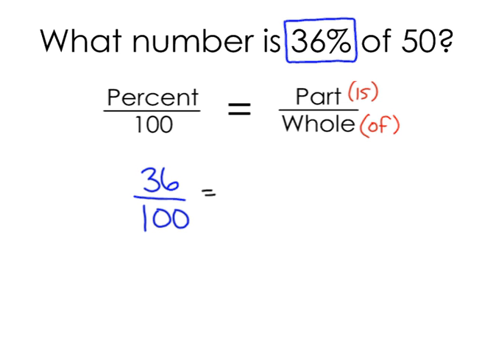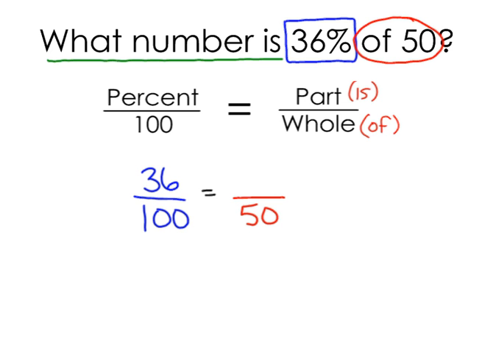Then for the second fraction, I have of 50, or I think of it sometimes as out of 50. So that means 50 is going to go in the denominator. And when it's saying what number is, that's the thing that I don't know, so that's where I'm going to put my variable, where the part is.